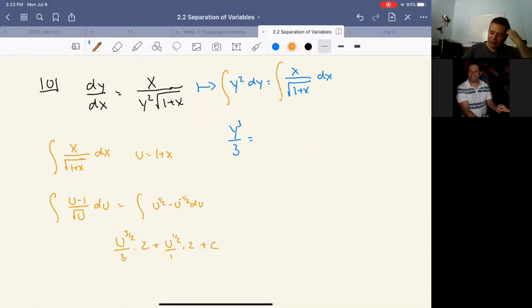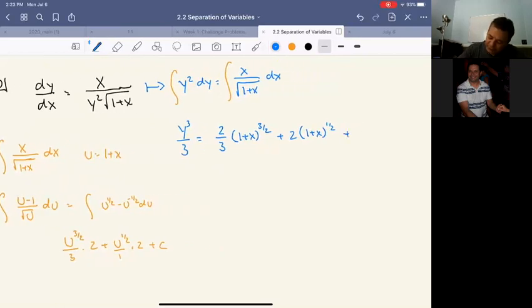And u is 1 plus x. So I'm going to go ahead and write down over here 2/3 (1 plus x) to the 3/2 plus 2 (1 plus x) to the 1/2 plus a constant. Okay, so far okay, right?